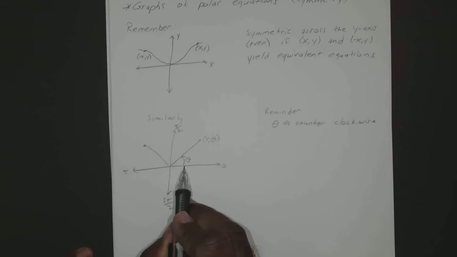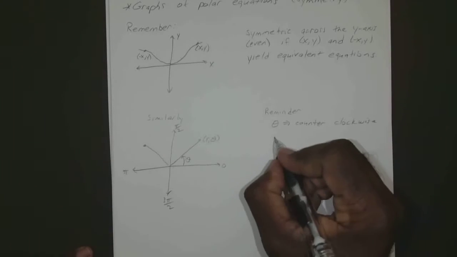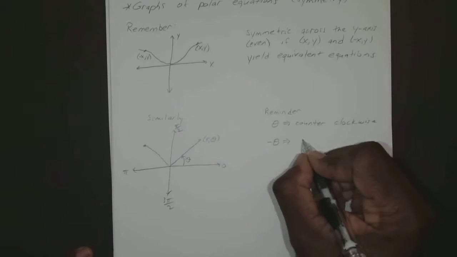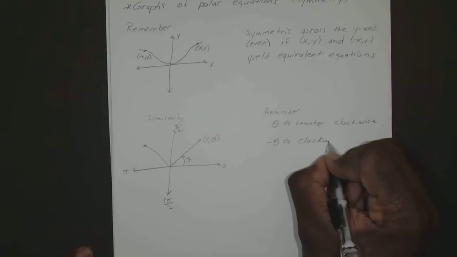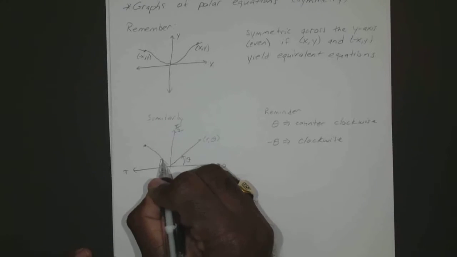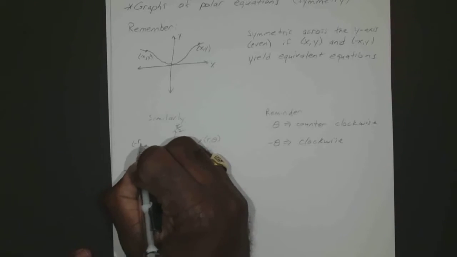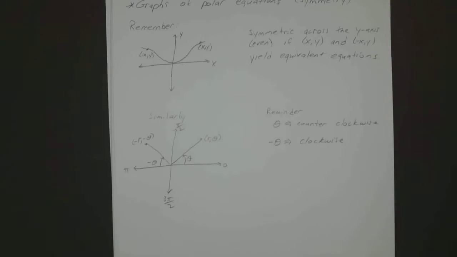So negative theta goes that way. Okay. So if you go negative r, and then go negative theta, you're going to go that way. If it's like that for every single point, then you know it's symmetric across the axis.